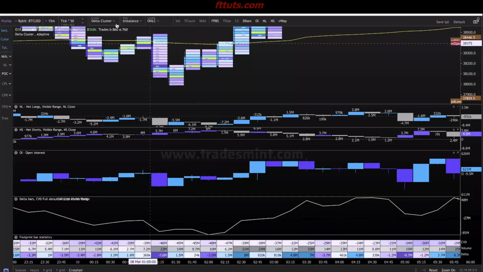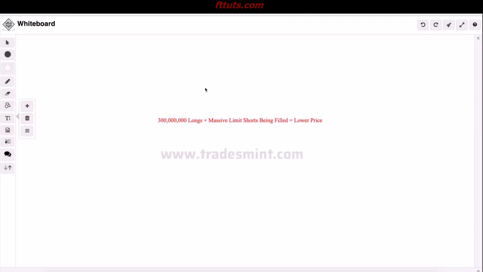The only explanation, again, is that we have our good old equation here. In this case, we have 300 million shorts plus X equals higher price. Well, we should say 300 million shorts plus lower CVD plus X equals a higher price.